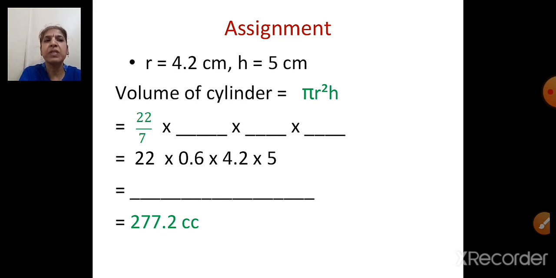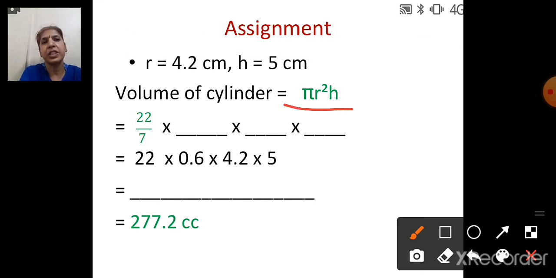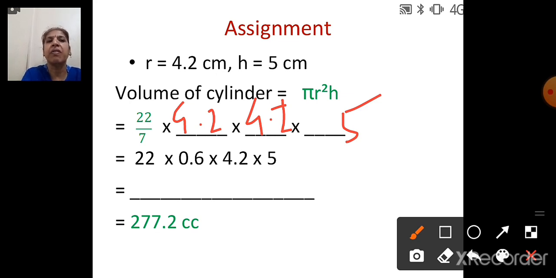So volume of cylinder, formula pi r square h. Then we will substitute the values. Pi value 22 upon 7, then r, which is given here, 4.2. So you have to write 4.2 multiplied by 4.2 with height, which is 5.